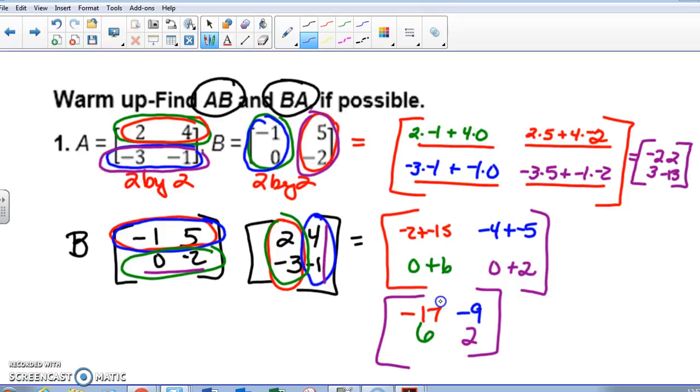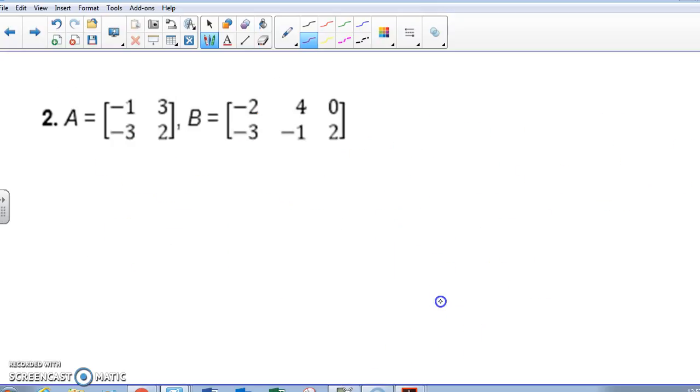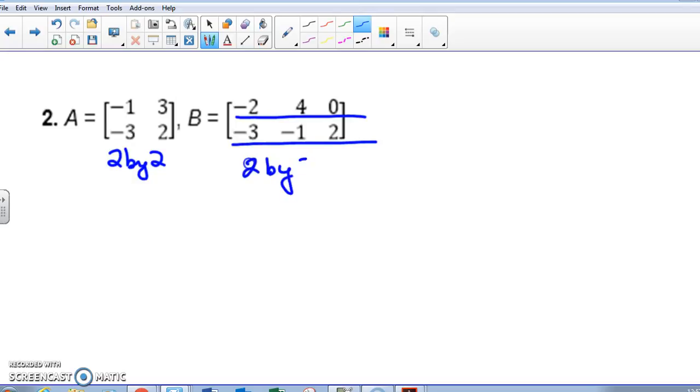Everybody all right? All right, can we do A times B here? A is a 2 by 2. B is 2 rows, 3 columns. Everybody okay? So can we do this? Yes.